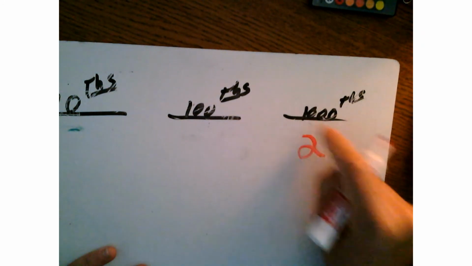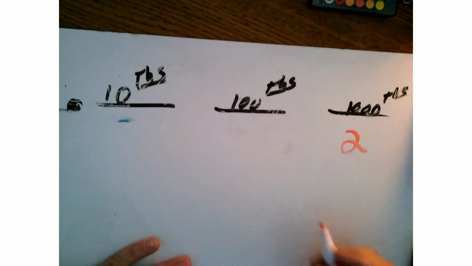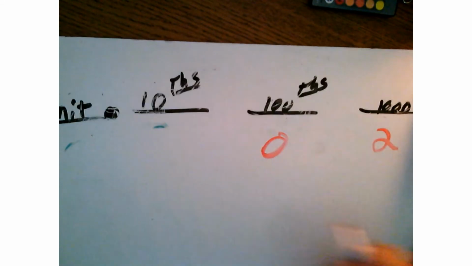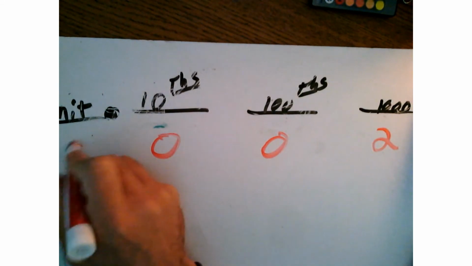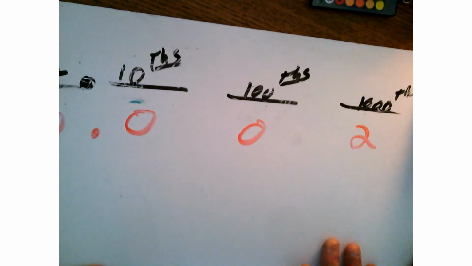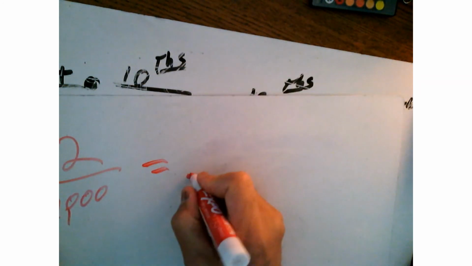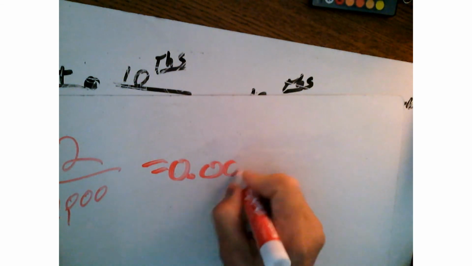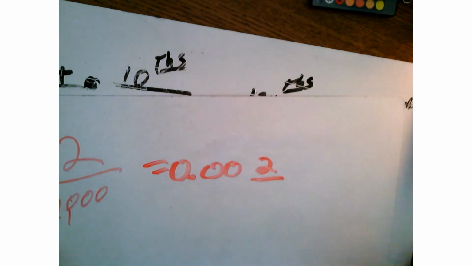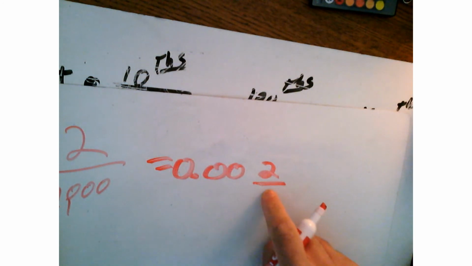So I put 2 right there. That's its last name. I have nothing in the hundredth spot, nothing in the tenth spot, and nothing in the unit spot. So it would be 0.002. That's how you would write 2 1/1000ths, because its last name is thousandths.